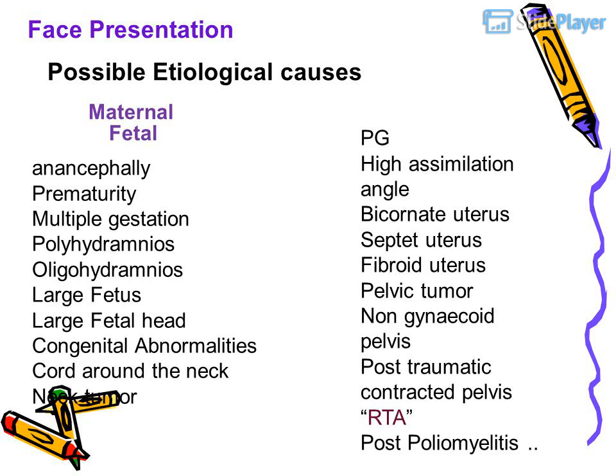Possible etiological causes: maternal and fetal: high assimilation angle, bicornuate uterus, septate uterus, fibroid uterus, pelvic tumor, non-gynecoid pelvis, post-traumatic contracted pelvis, post-poliomyelitis, anencephaly, prematurity, multiple gestation, polyhydramnios, oligohydramnios, large fetus, large fetal head, congenital abnormalities, cord around the neck, neck tumor.